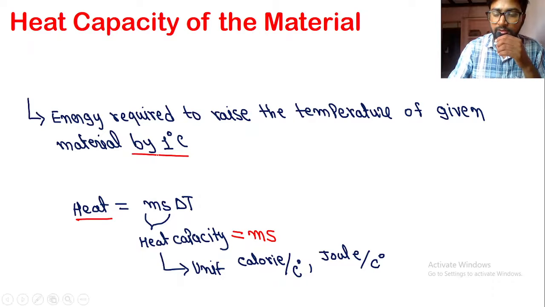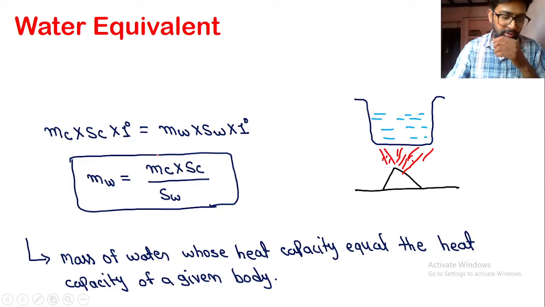Come to another concept, that is the water equivalent. Suppose this is any vessel, it is heated by some heat, and the temperature of water is also increased, and the temperature of the vessel is also increased.